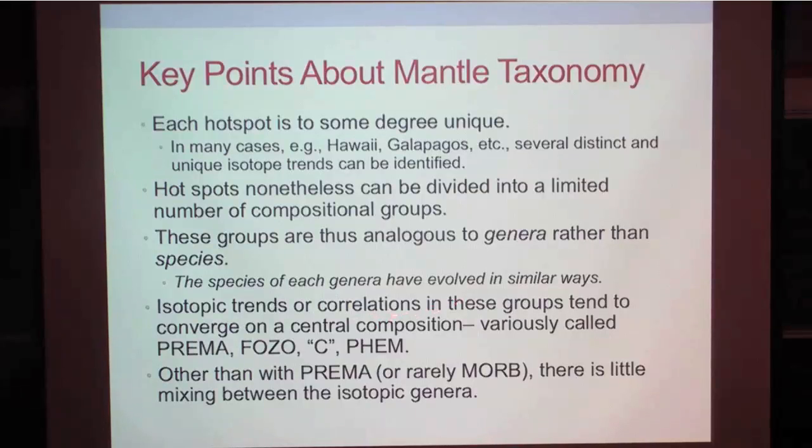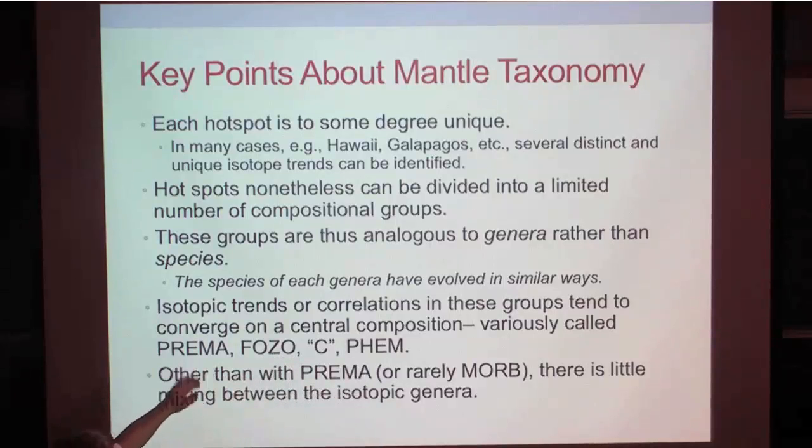Again, they tend to converge on a central point, which is, I'm using Zindler and Hart's original term here, PREMA, although they weren't thinking about the convergence issue, but it's the prevalent mantle idea. Subsequently, various people have rediscovered this phenomenon and called it FOZO, C, FEM.